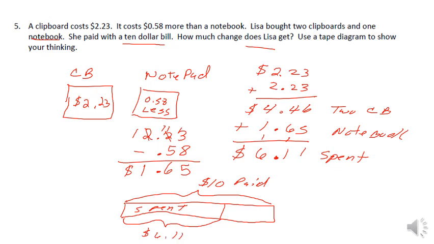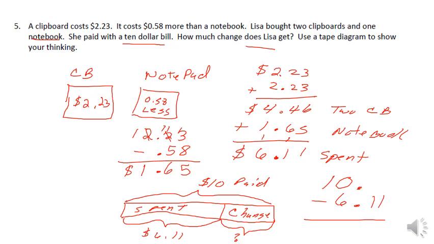And this is how much I would get back in change. Now I can see by looking at this, if I take $10 and I subtract $6.11 from it, that's going to give me my change.